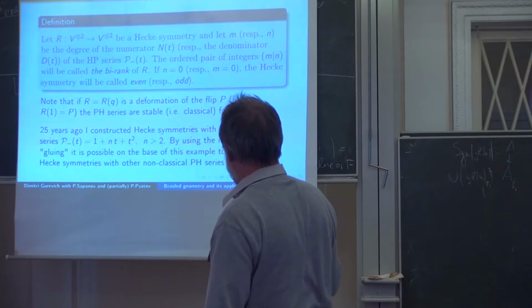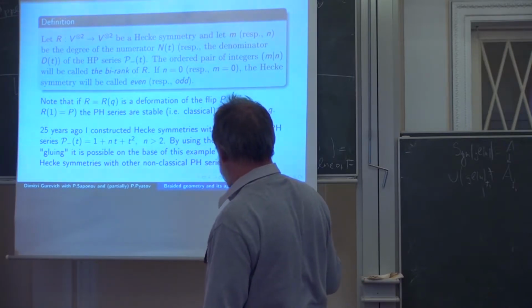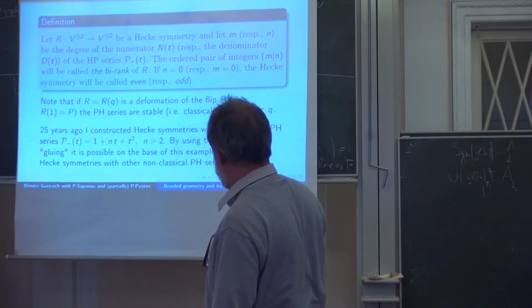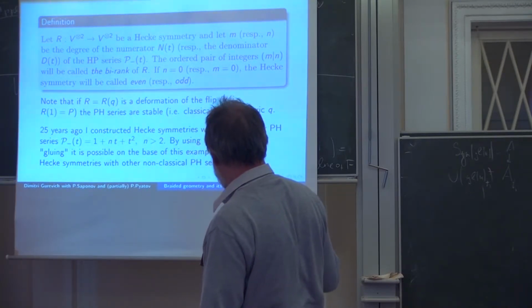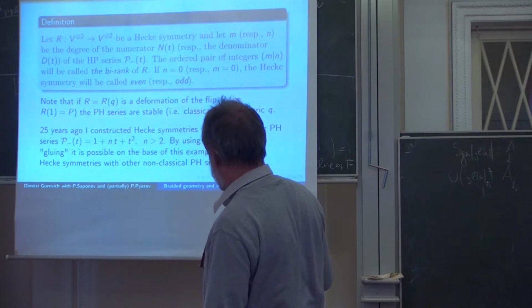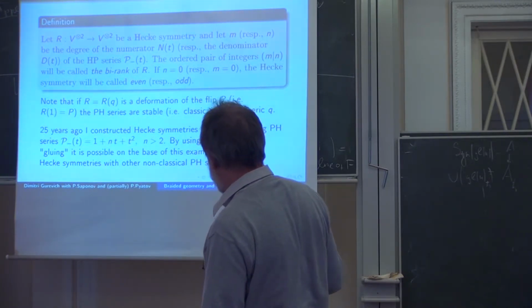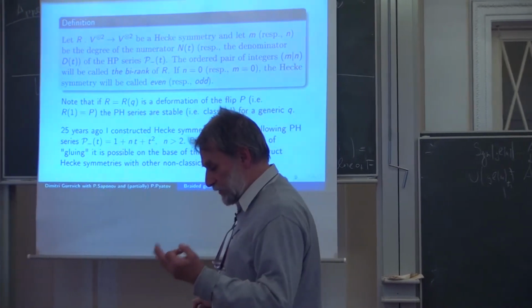we consider two integers, m and n. It is just the degree of the numerator and denominator of this Poincare series. So with a pair, it's just an L of superdimension.